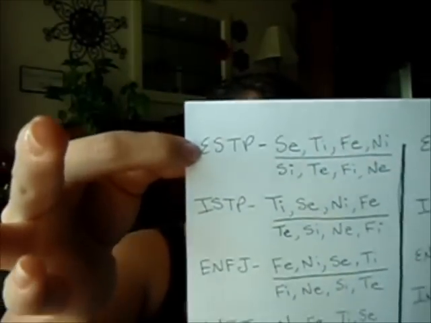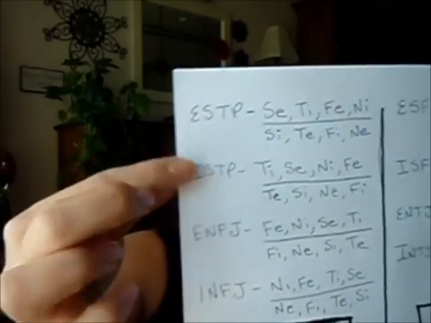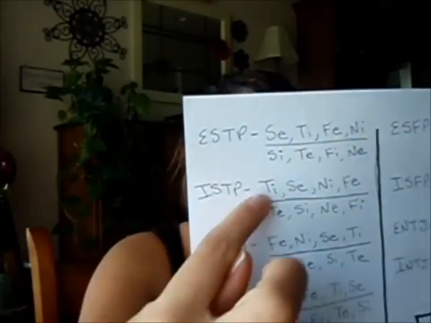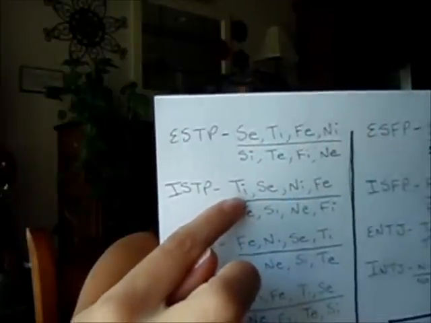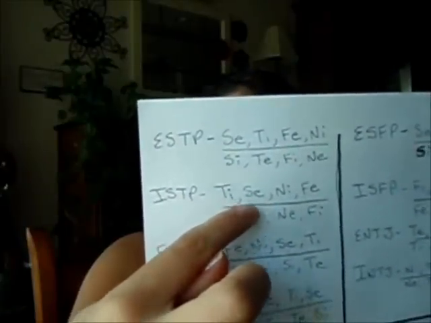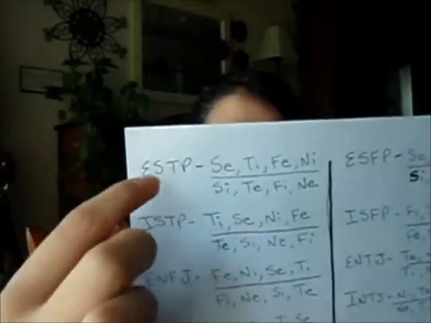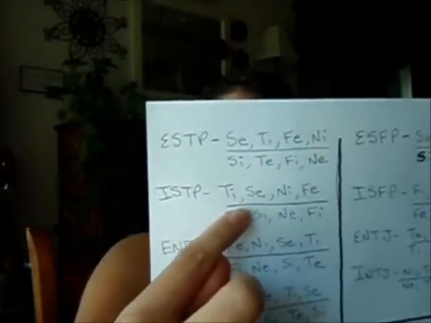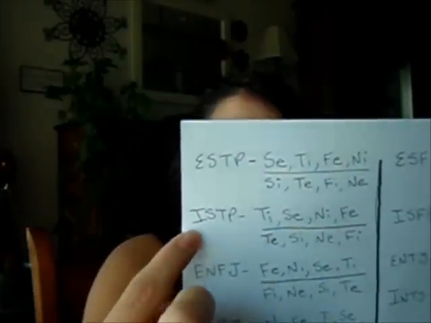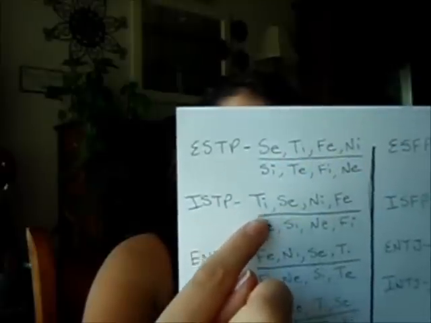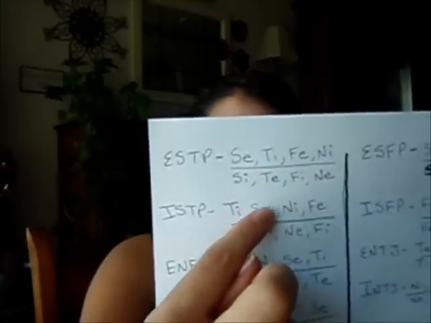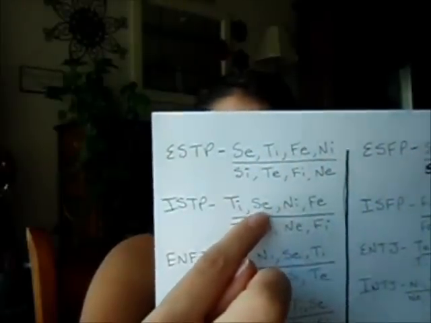Like with an ESTP and an ISTP, since they're cousin types, they're going to use almost the same cognitive processes, but flipped. For example, an ISTP's dominant function is introverted thinking, and their auxiliary is extroverted sensing.